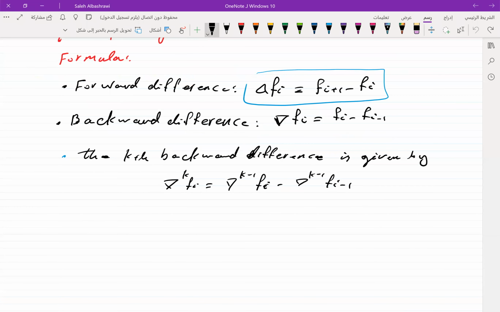So we can write the formula for this one, the Newton backward formula.